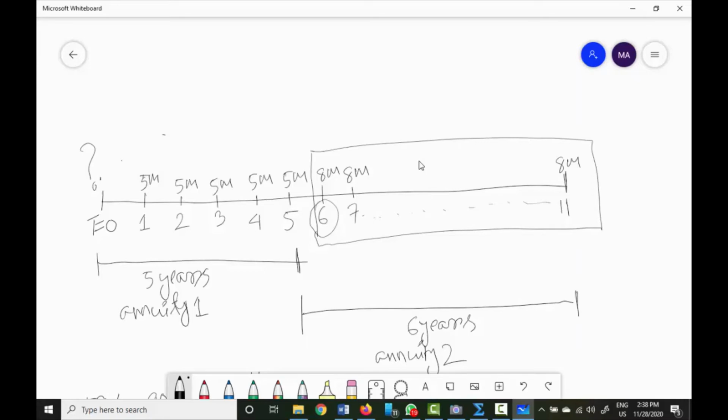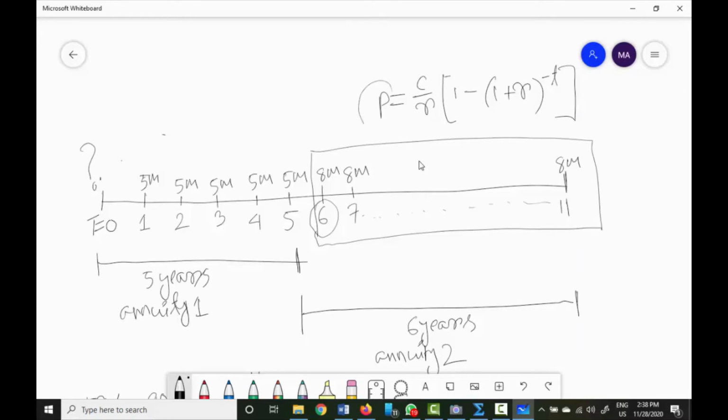Since we want to go back, we will use the present value formula. This is an annuity, so we use C divided by R multiplied by 1 minus 1 plus R power minus T. But as I said before, we cannot go back directly.